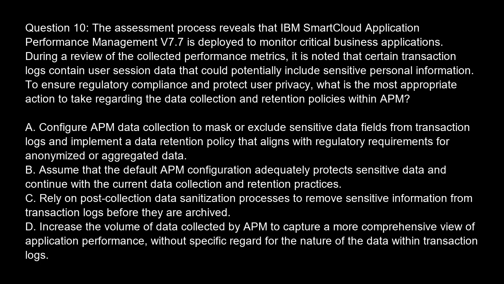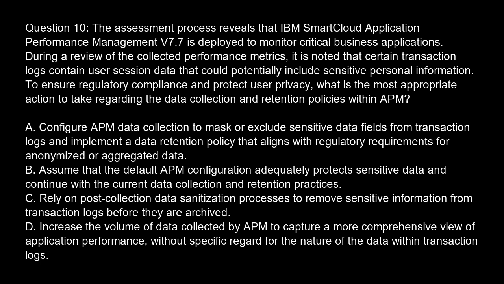Option A. Configure APM data collection to mask or exclude sensitive data fields from transaction logs and implement a data retention policy that aligns with regulatory requirements for anonymized or aggregated data. Option B. Assume that the default APM configuration adequately protects sensitive data and continue with the current data collection and retention practices.